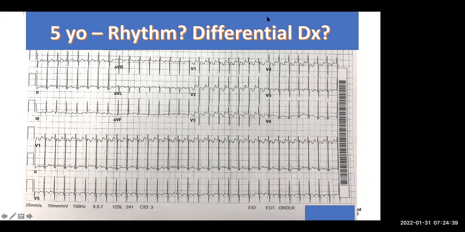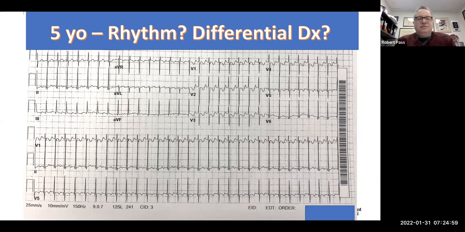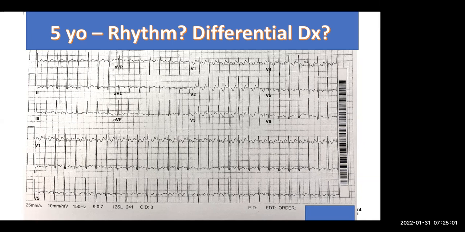I'm trying to correlate from the rhythm strip in V1 to 3 and 2, and it looks upright in 2, 3, and aVF. You think it's upright in aVF? I'm not convinced of that. I'm trying to correlate with V1. Not very clear.